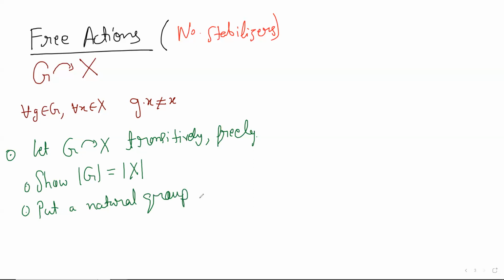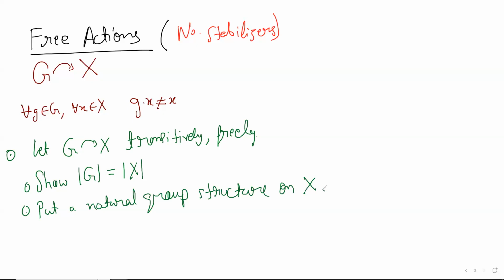I'm saying you can actually make X into a group. Put a natural group structure on X. That you should try to prove. And then I'll give you a more concrete example in R2, and that also you can try.